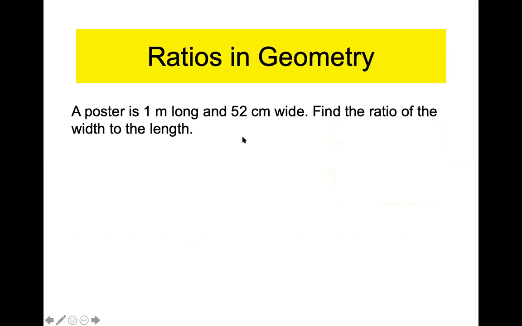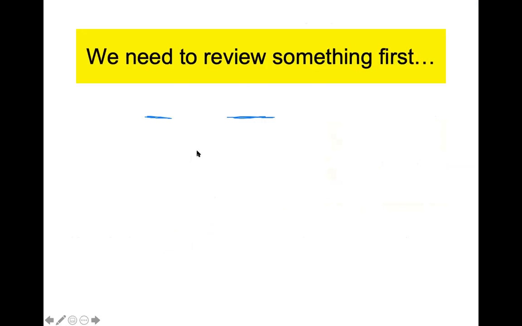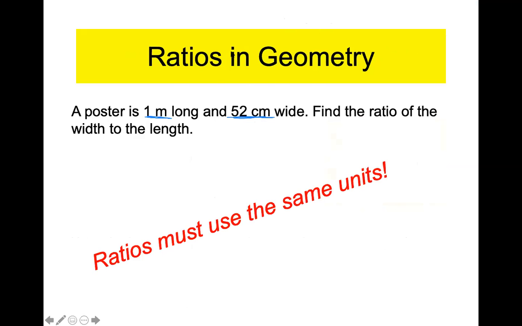Now they are going to raise the specter of mixed units, geometrically speaking, and by mixed units I mean, notice this is 1 meter long and this is 52 centimeters wide. Just remember, when you set up ratios, the units must be the same if you're comparing apples with apples. In other words, if you're comparing distance to distance, the units must be the same.